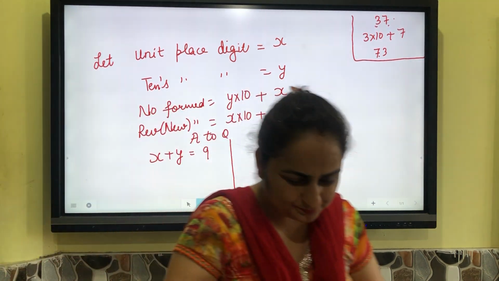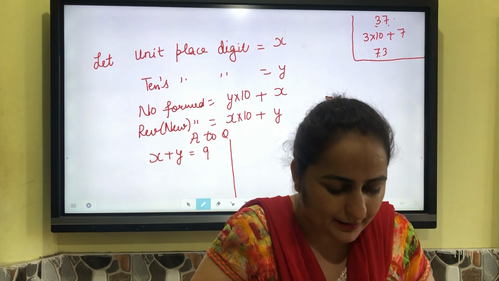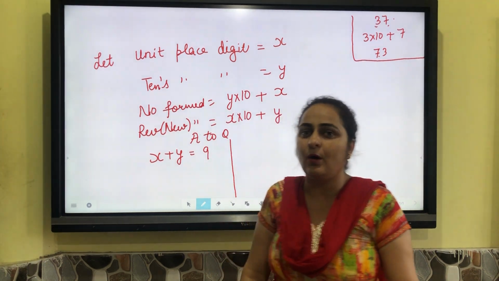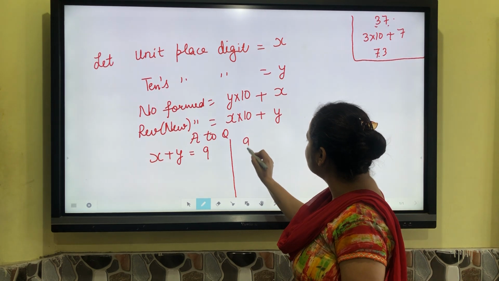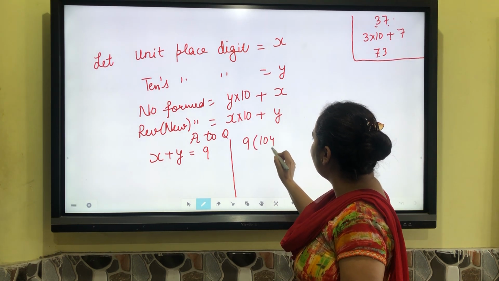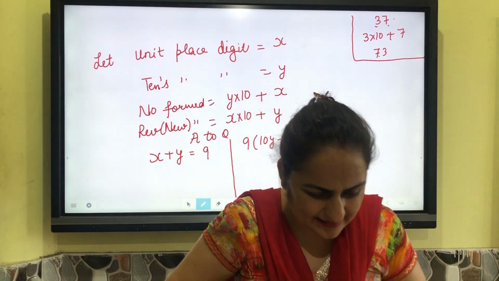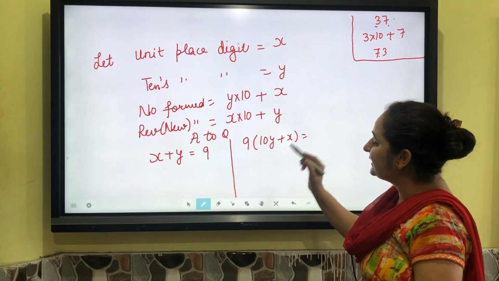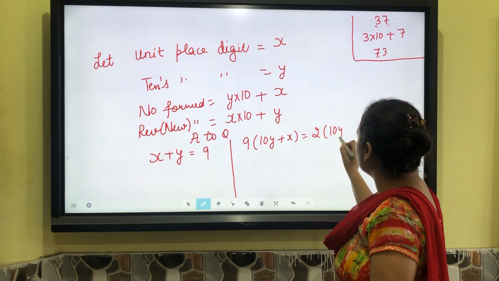Let's check again. Also, 9 times the number is twice the number obtained by reversing the order. What is the number here? This 9 times the number 10y plus x is twice the number obtained by reversing the order. Then what is the reversed number? This is the twice of the number.